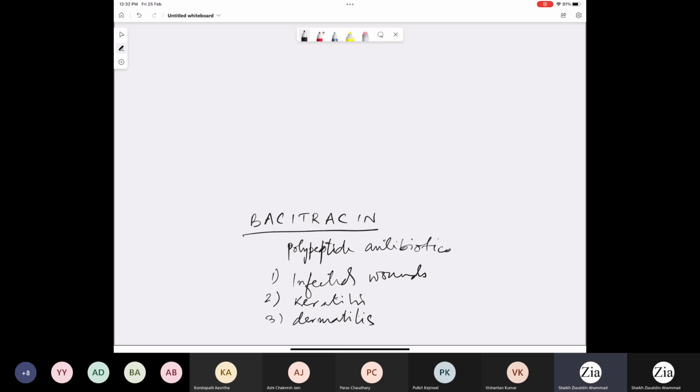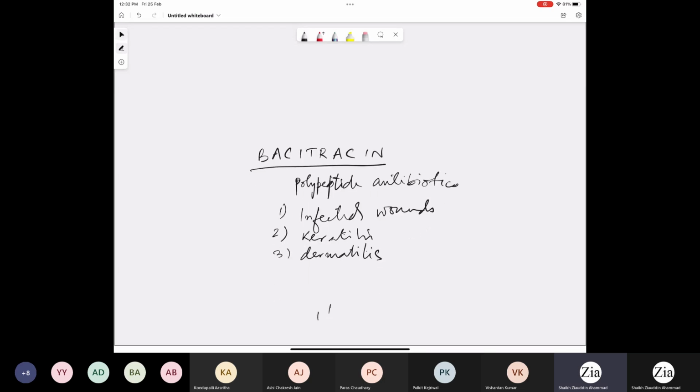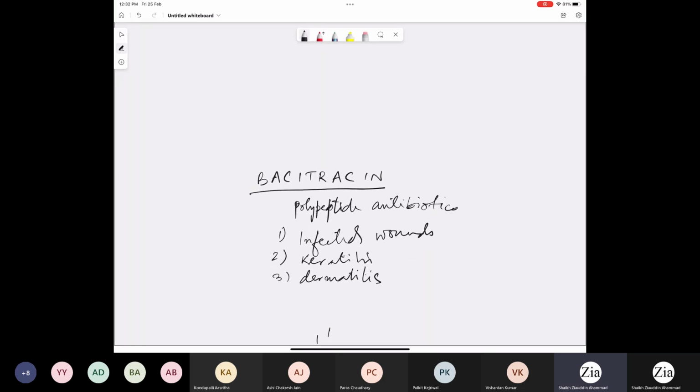For animals, again the same thing: infected wounds can be healed in animals also, and particularly cattle farms also use it for the cure of mastitis.